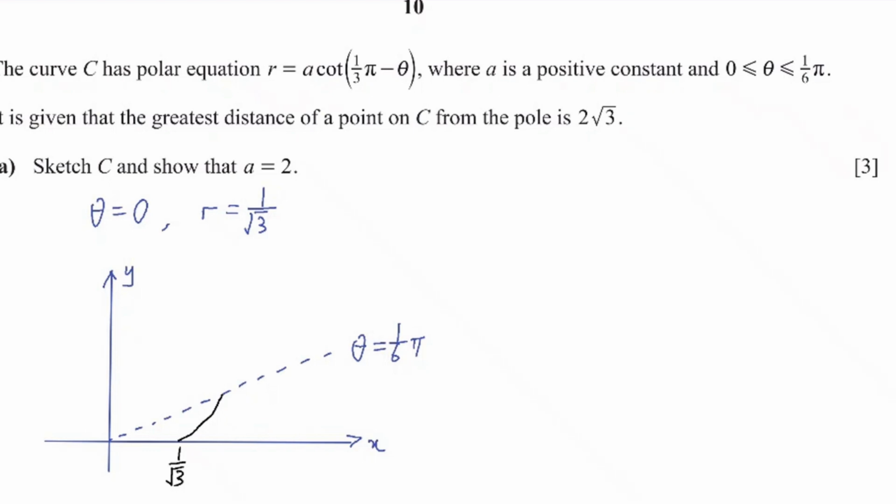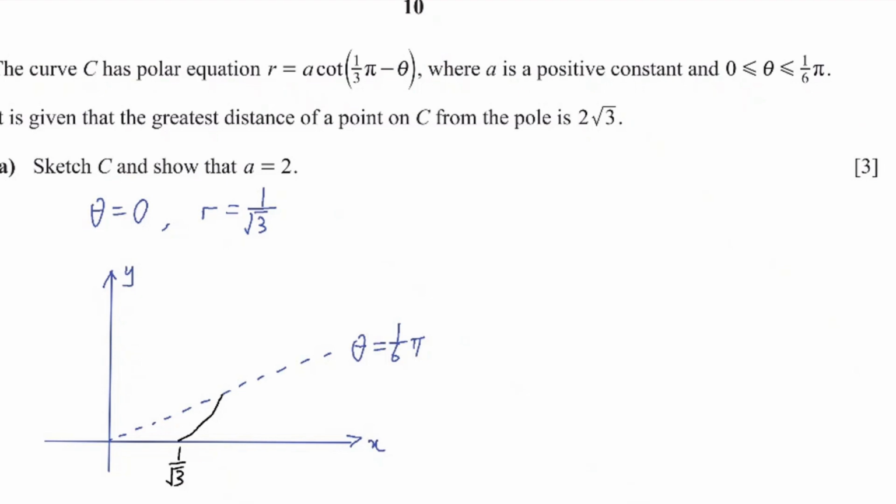We have got the equation here, R is equals to A cotangent of 1 over 3 pi minus A theta, where A is a positive constant and theta is in between 0 to 1 over 6 pi. It is given that the greatest distance of a point on C from the pole is 2 over 3. So sketch C and show that A is equals to 2.